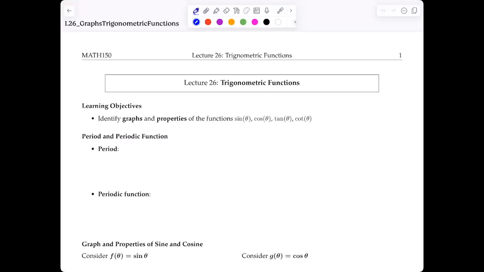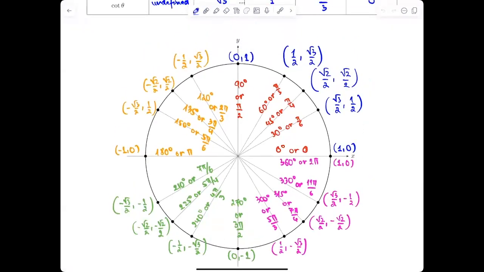The period, by definition, is the distance required for the function to complete one full cycle. If you go back to the previous lecture note and look at the unit circle, you can see that starting at 0 degrees, you have the point (1, 0).